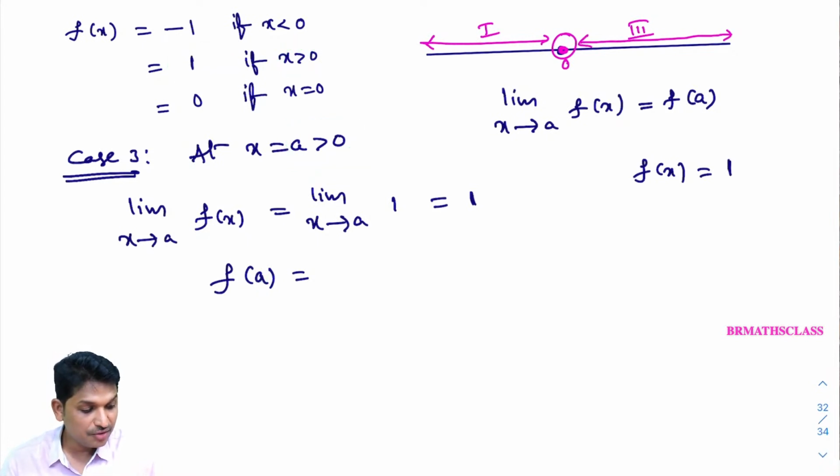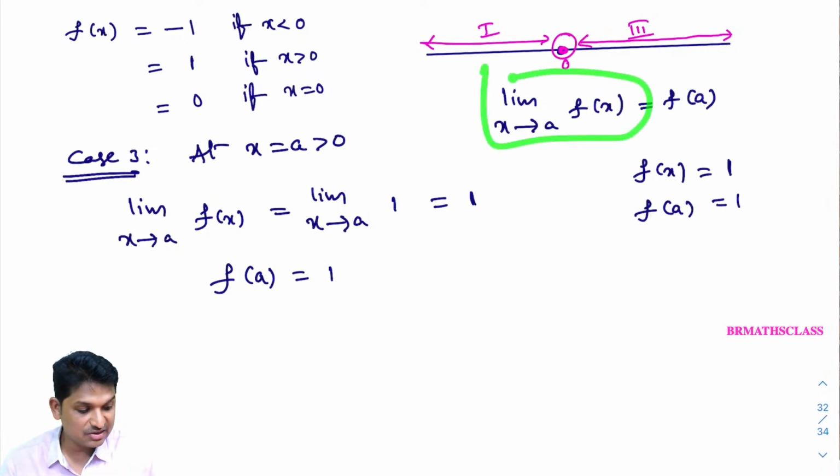So here f of x is 1. Now I need f of a. In the given function, wherever x is there, you write a. But here there is no x, so it will be 1 only. So f of a is 1.